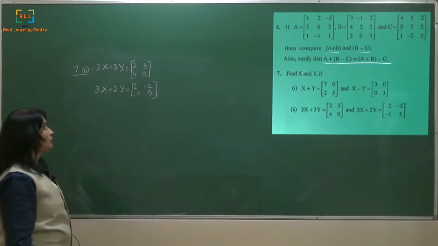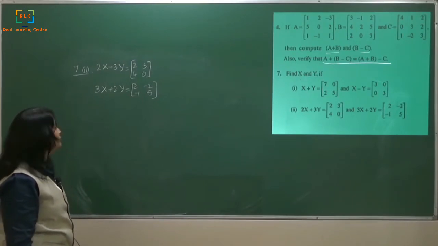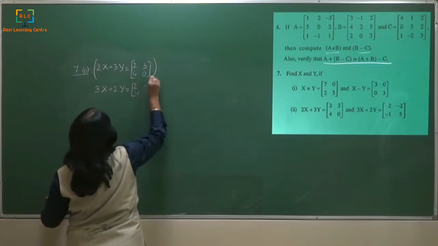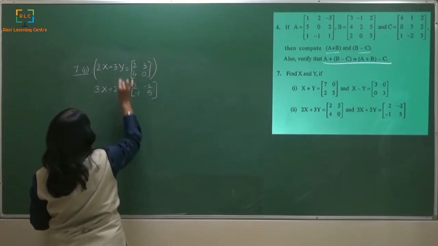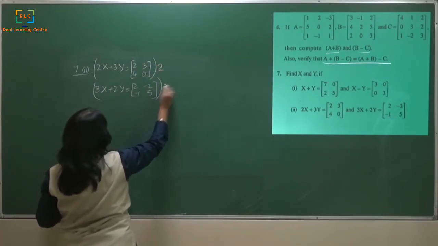Now I have to either make the coefficients of x the same or the coefficients of y the same. I shall take the coefficients of y to be the same, so I will multiply this entire equation by 2 and this entire equation by 3.